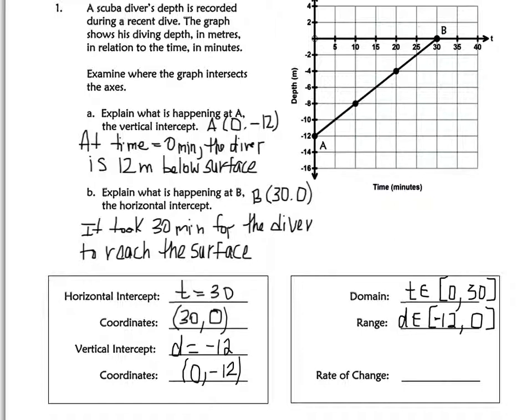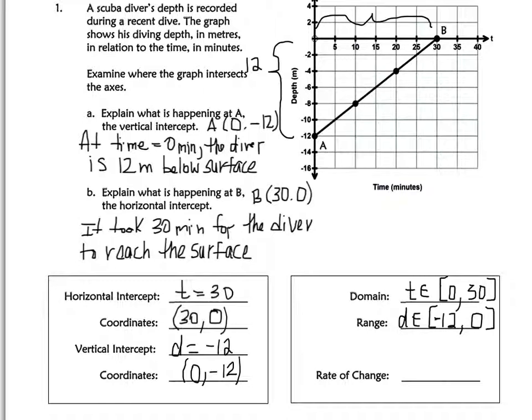And the rate of change, again, you can just basically figure out the change in the dependent variable. There's a change of 12 meters there. And you can use any 2 points. I'm just using the intercepts, but you can use any 2 nice points on the graph to find the rate of change. It's just that you probably won't have to reduce as much if you use points that are closer together when you figure out the rate of change.